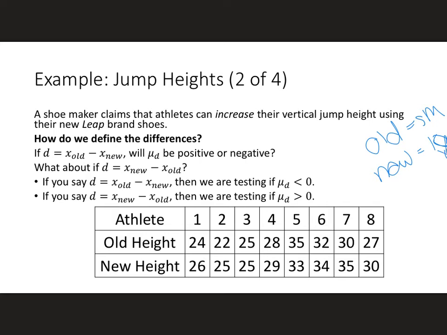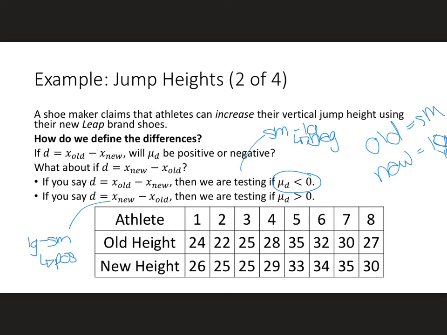So if I do small minus large, I'm going to get a negative value. That's why you see mu sub D less than 0, okay? This value would be negative. If we were to say the new minus the old, okay, so then that would be a large minus a small, that would be a positive value.